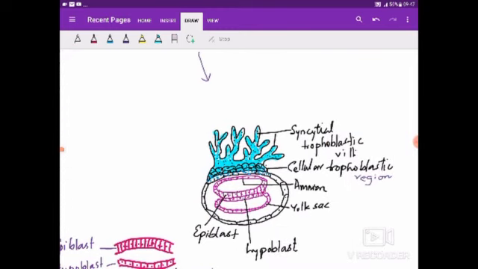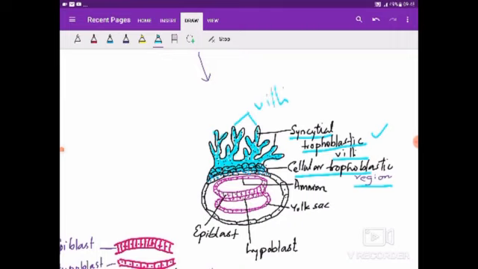First we see the cellular region of the trophoblast formed here, and as the number of cells goes on increasing, it forms a syncytial mass of cells which have lost their cell membranes, only the cytoplasm and nuclei are seen there. This syncytial layer develops into syncytial trophoblastic villi, and these villi help in absorbing the nutrients from the mother's endometrium.